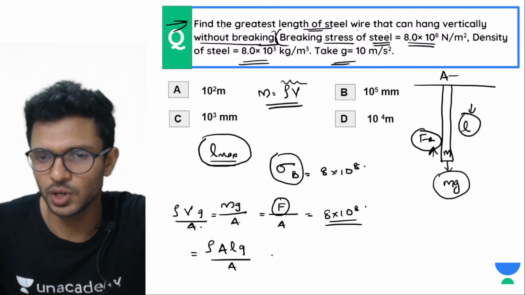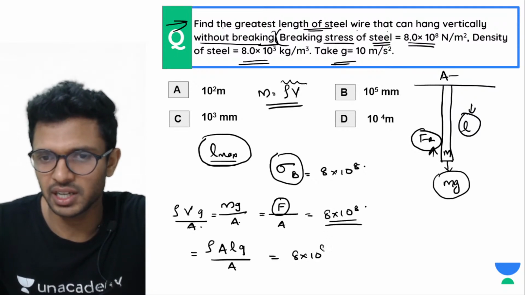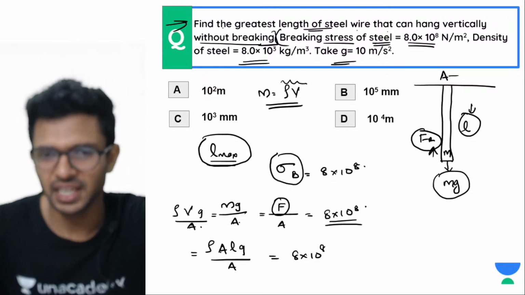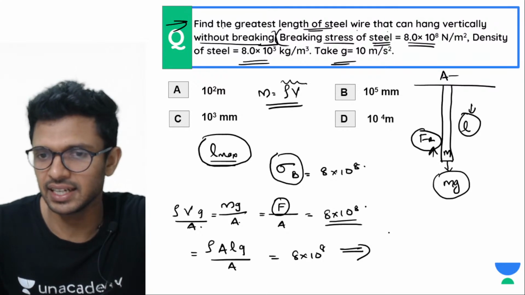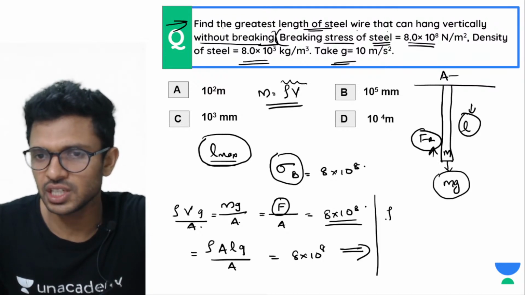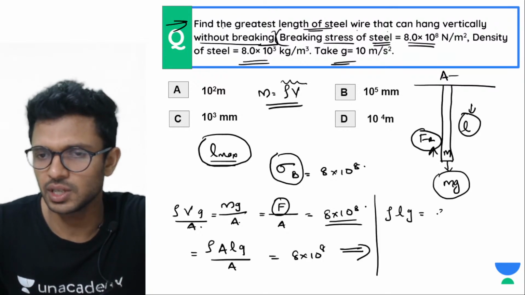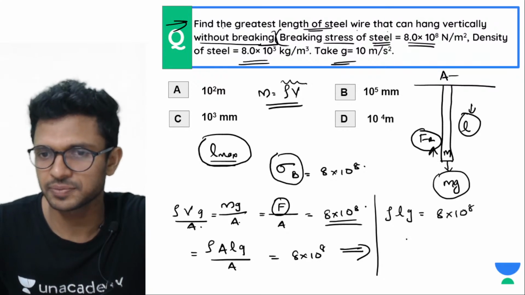That is equal to how much? 8 into 10 power 8, isn't it? What happens to area? It will cancel. So from here you will get area cancelled. Rho L g is equal to 8 into 10 power 8.